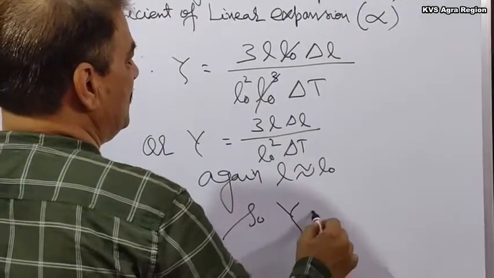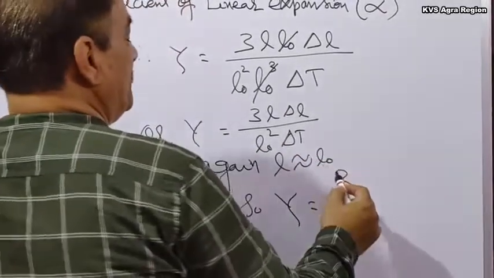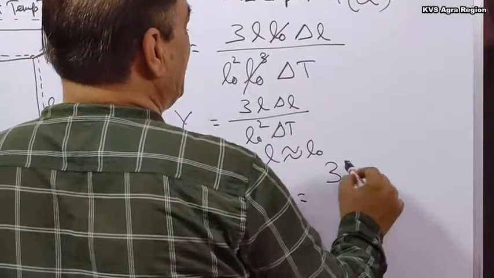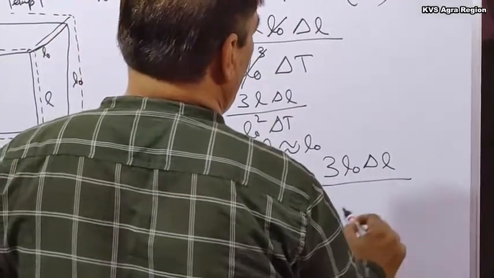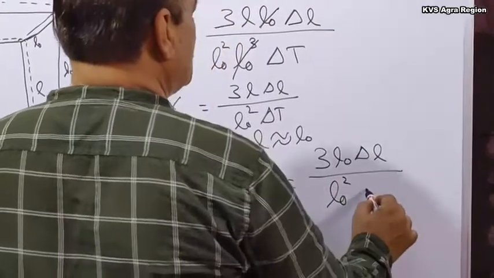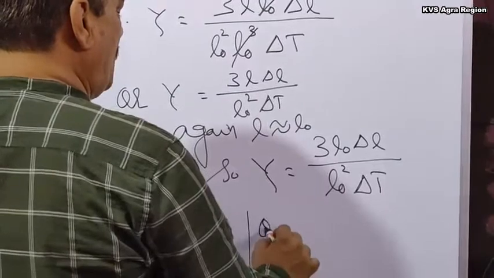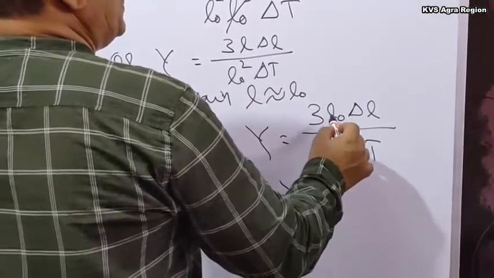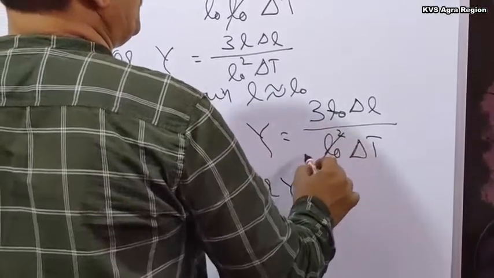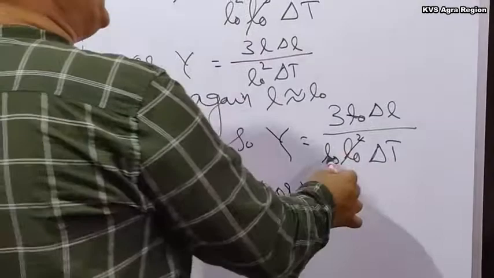So gamma equivalent to 3, L can be written as L naught, delta L upon L naught square delta T. Again this L naught will cancel one more power of L naught square, so we will be left with L naught.